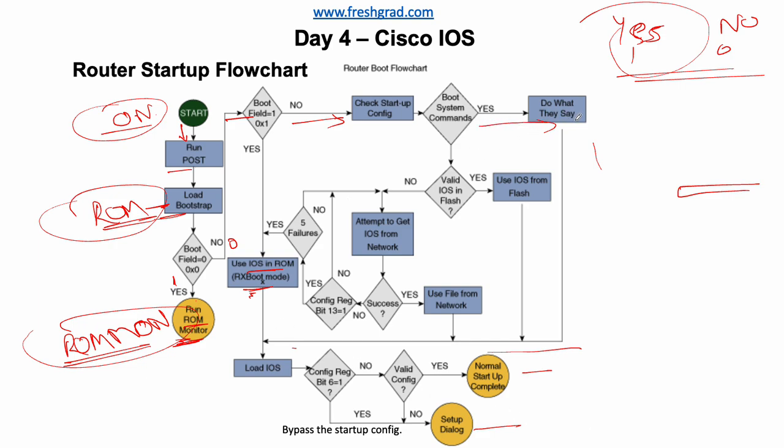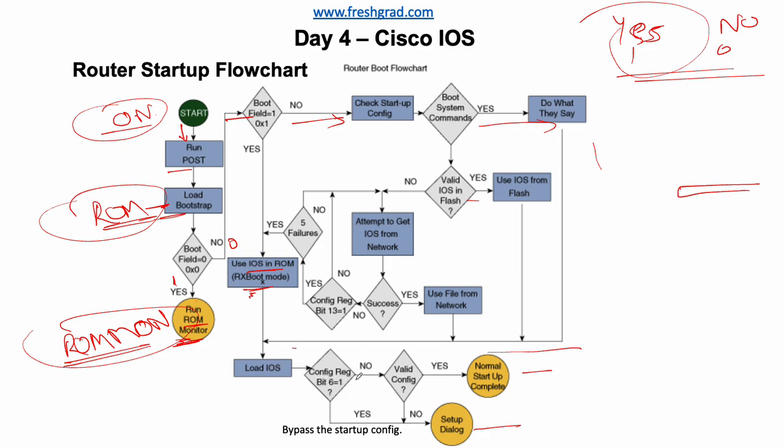So this is yes. If it's a no, then it's zero. What happens? It checks for a valid IOS in the flash. You remember that order, right? It checks for a valid IOS in the flash memory. If it finds it, it uses the IOS from the flash and follows the same process.